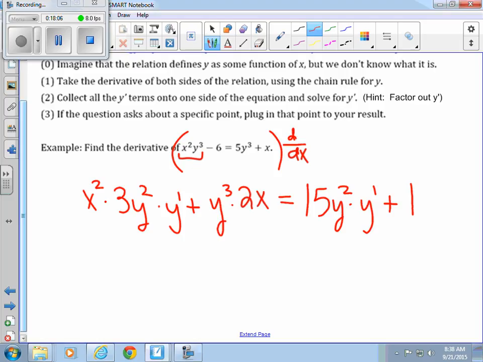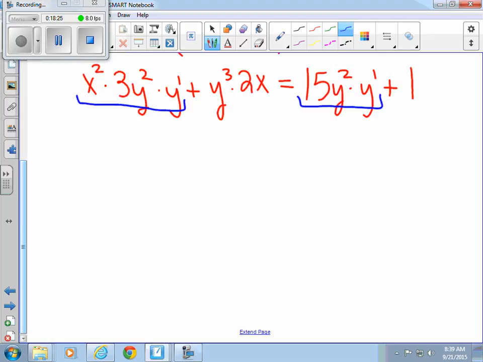Now, remember my goal was to find the derivative, find y prime. So I'm going to take all the y prime terms, and you'll notice I actually have 2 of them. All the things with the y prime in them. And I'm going to put them on the same side of the equation. It doesn't matter which side you go to, but on the same side of the equation. I'm going to go to the left with the y primes.